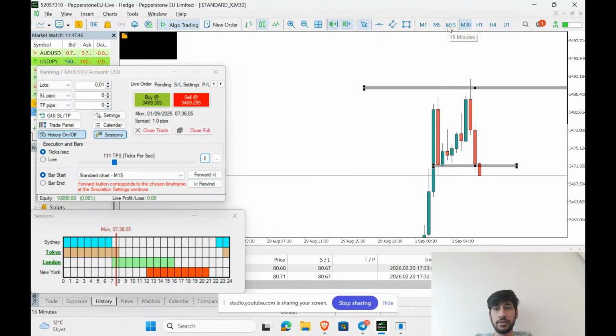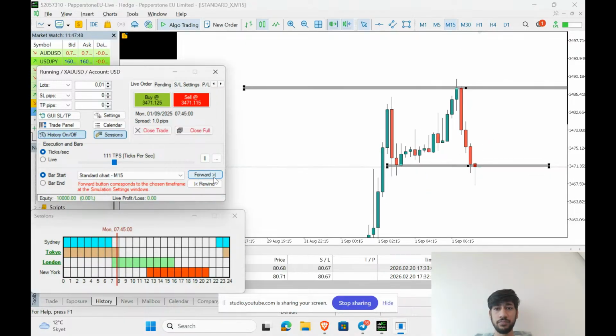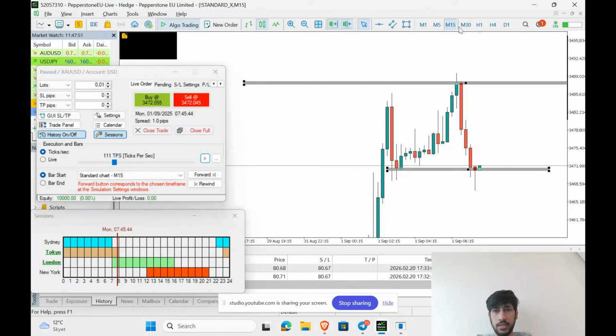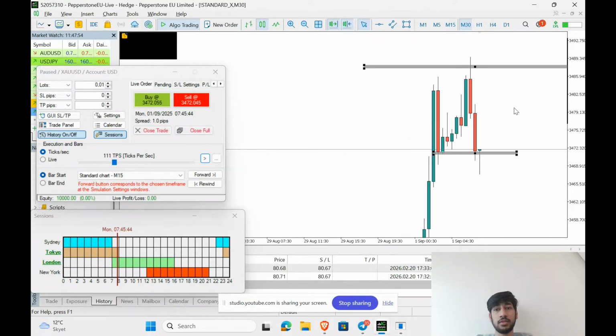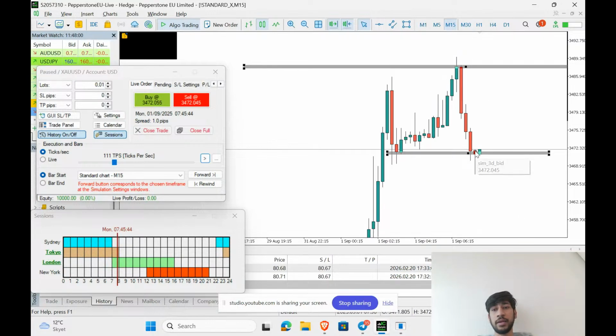We just gotta wait. 15-minute candle close like this. 30-minute is still open. So if 30-minute would be proper bullish and 15-minute would break above the high, there would be some chances for me to take buys according to my higher time frame top down analysis, right?